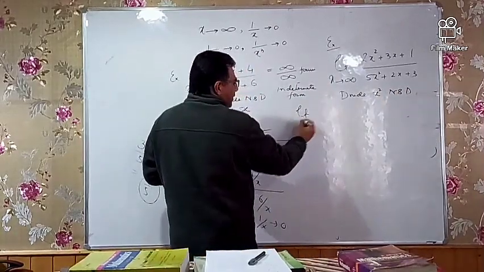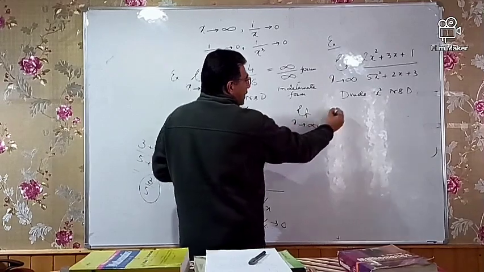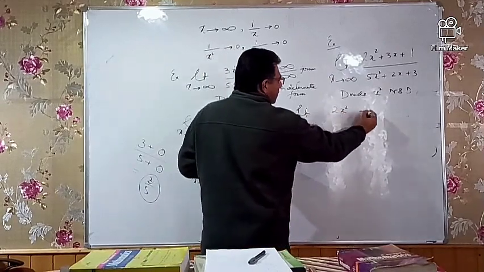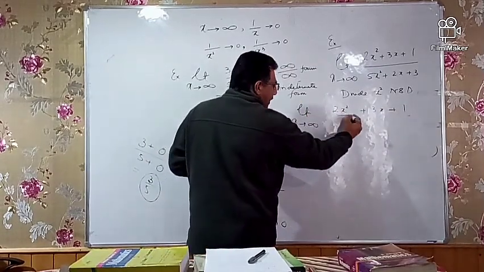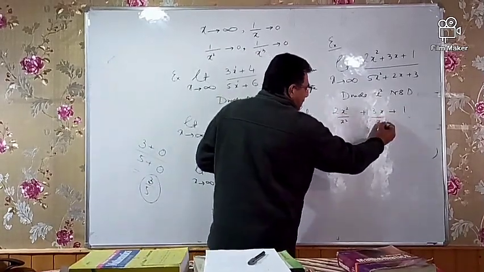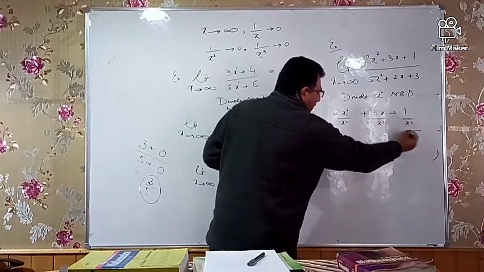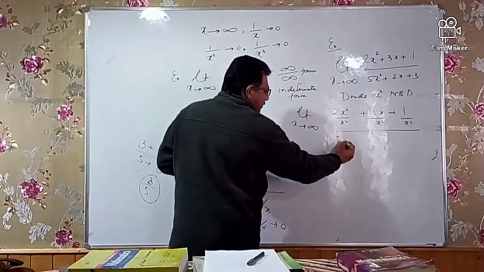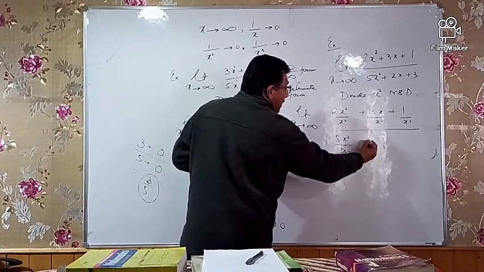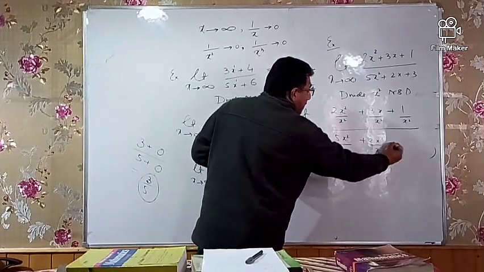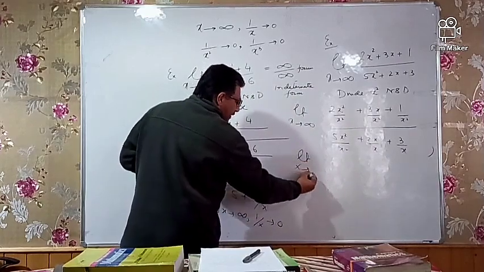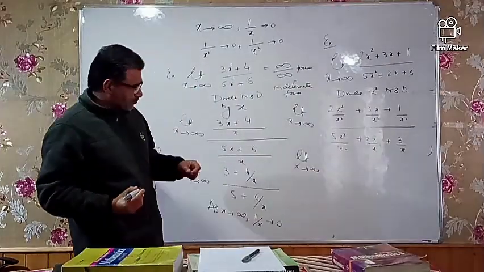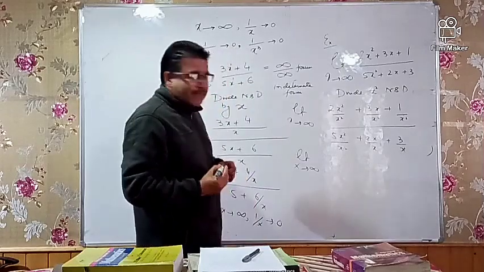You will get limit x tends to infinity, 2x square plus 3x plus 1, which you have to divide by x square. So x square इसमें भी divide हो जाएगा, इसमें भी divide हो जाएगा और यहाँ भी divide हो जाएगा, and divided by 5x square, यहाँ पर भी x square divide हो जाएगा, 2x divided by x square, then 3 divided by x square. Now slightly you have to simplify it. x square and x square will get cancelled.